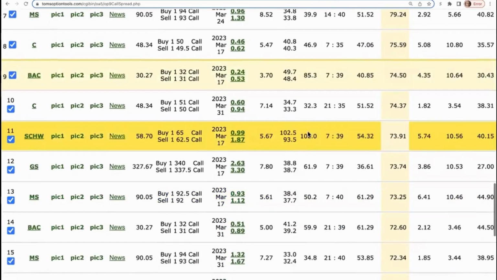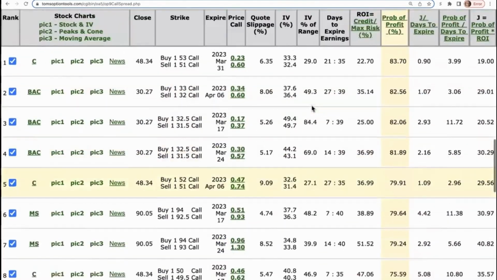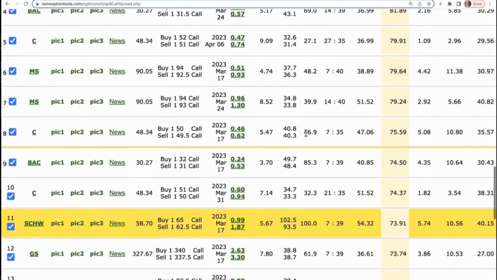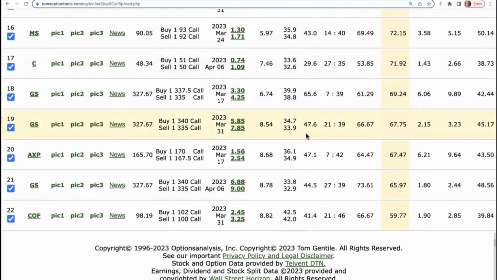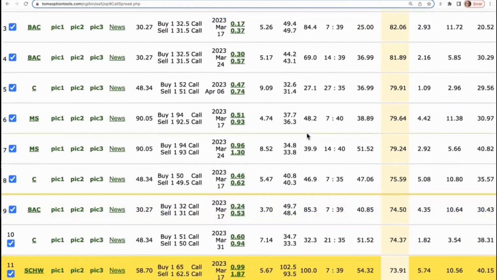Friday's slippage on Schwab. Wow, it was 100% on Friday as well. And if we look down the slippage column, you can see that it's quite high. That was end of day on Friday.